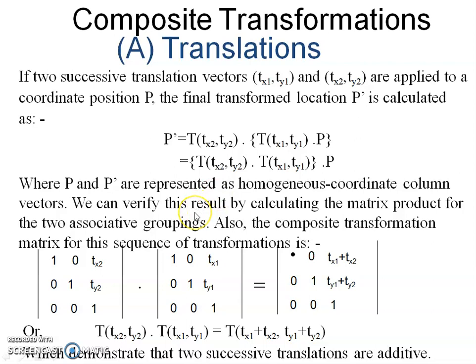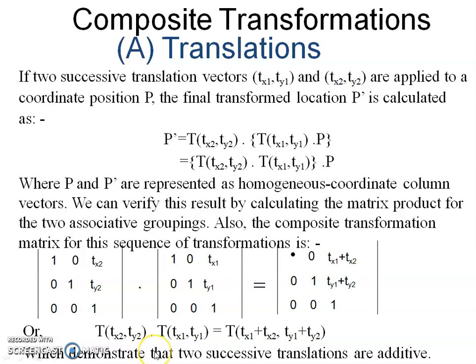We can verify this result by calculating the matrix product for the two associative groupings. Also, the composite transformation matrix for the sequence of transformations is the matrix [1 0 tx2; 0 1 ty2; 0 0 1] into the matrix [1 0 tx1; 0 1 ty1; 0 0 1], which equals the matrix [1 0 tx1 plus tx2; 0 1 ty1 plus ty2; 0 0 1].